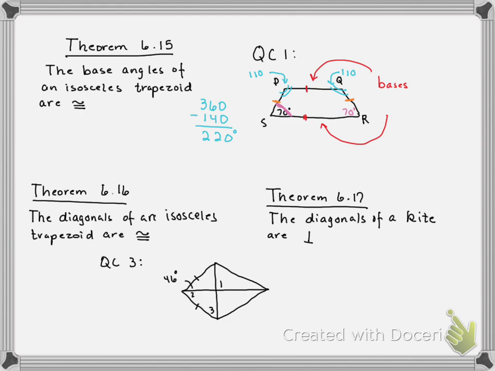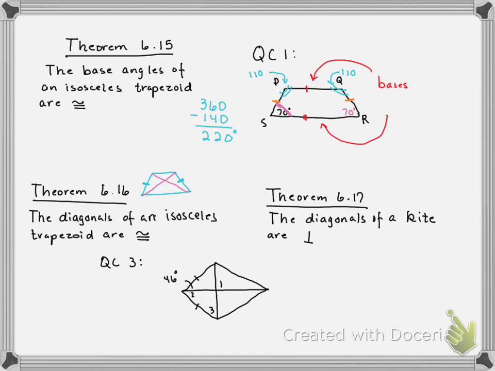So much like the rectangle, the isosceles trapezoid diagonals are congruent as well. So if we have this isosceles trapezoid, the legs are congruent, okay? The diagonals are equal in length, okay?